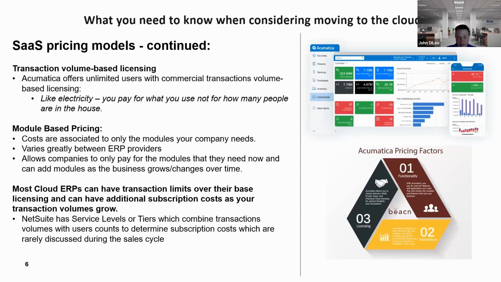In many cases, as I hear from former GP clients that have tried to go to NetSuite, they're a year and a half into an implementation, still not live, and then they finally go live after this large effort, and then they get hit with additional costs and increases because of their transaction volumes that no one in the sales cycle vetted.